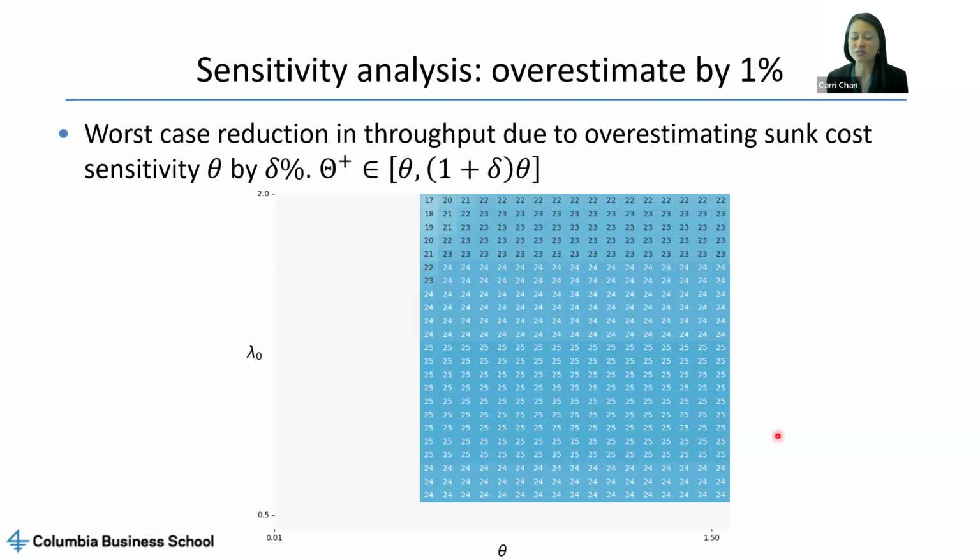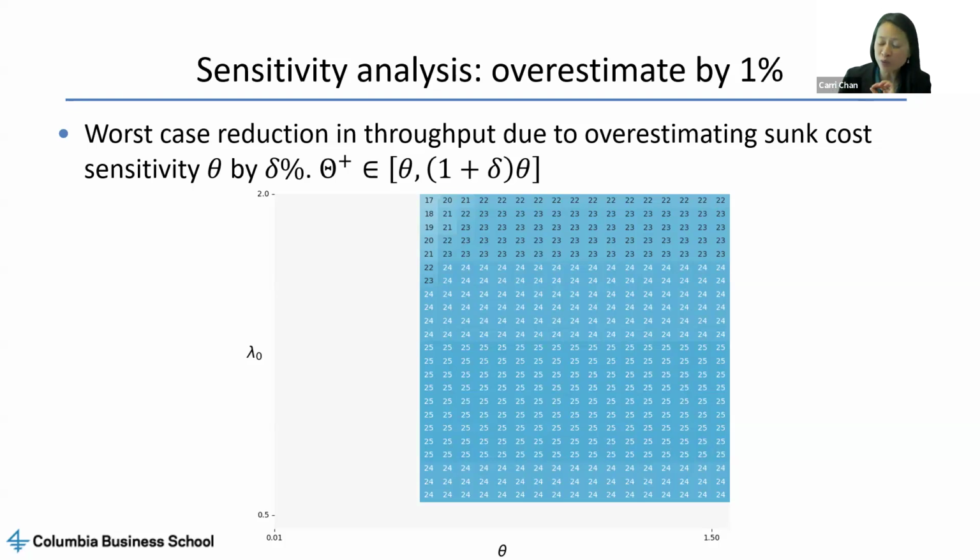And so here we're saying that we're having an overestimate by 1%. So this is the worst case reduction. So I'm sampling over all possible misestimates of that theta parameter, optimizing under the incorrect theta, and then comparing the throughput evaluated at the correct theta of that misestimated system to the optimized system.